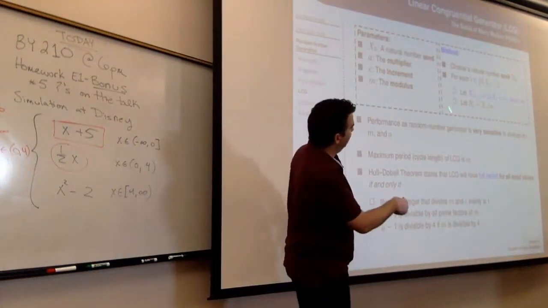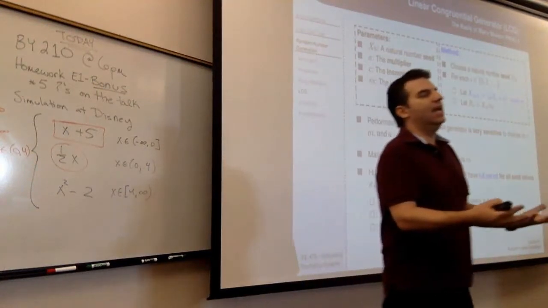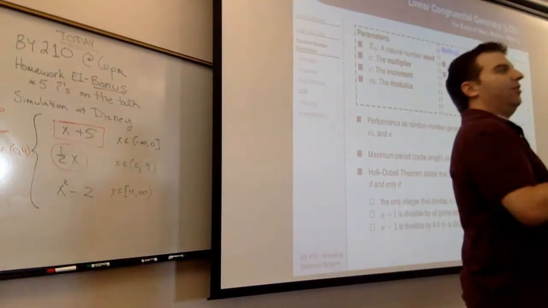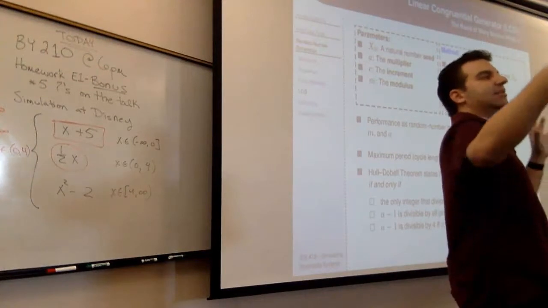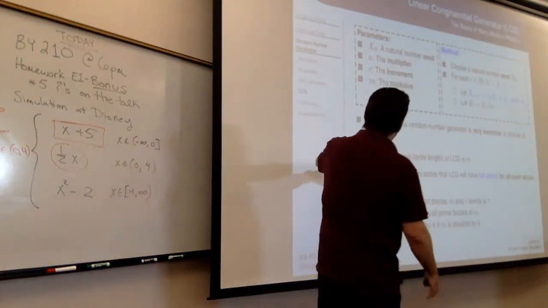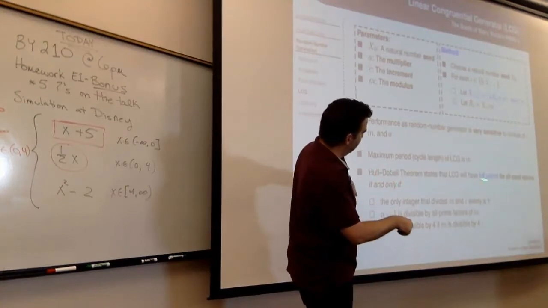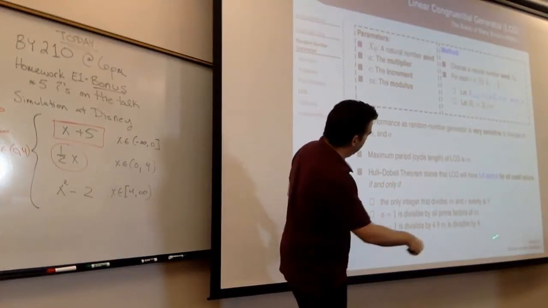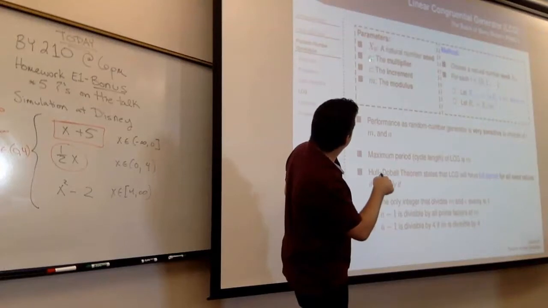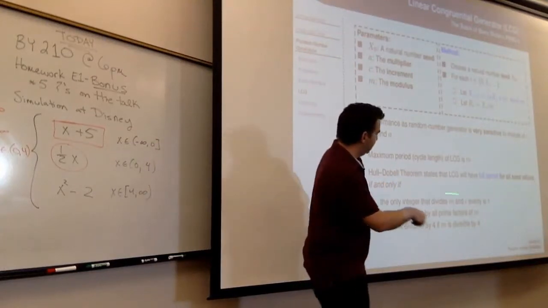But if we look at how this is implemented, one of the nice things about it is you can actually do mathematics proving when you have situations where you have a maximal period. So, for example, the Hull-Dobell theorem states that you can have a full period so long as you set these three numbers, a, c, and m, up in this particular way.